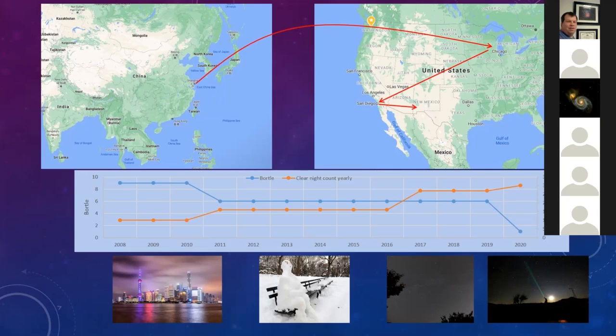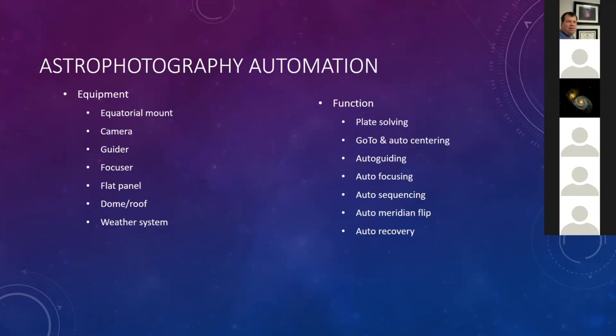Moving next is the automation part of astrophotography. This is just general information, and I think everyone is exposed to this. For astrophotography, we always talk about the combination of different equipment, including stuff listed on the left, and maybe many more. It's not limited to this.